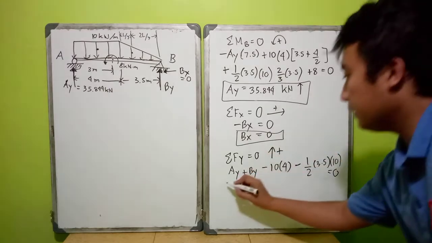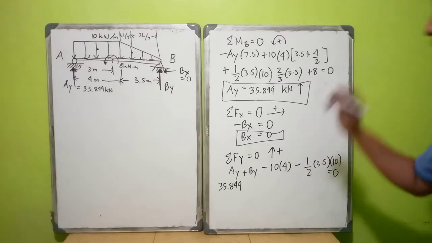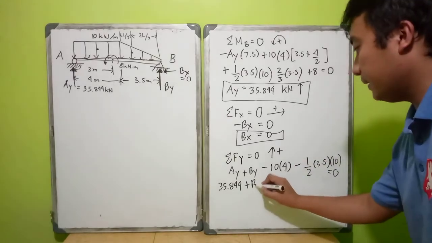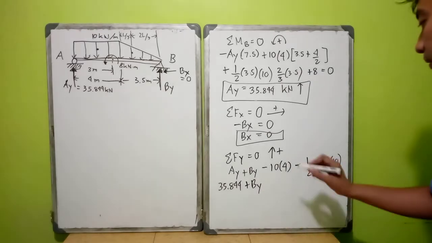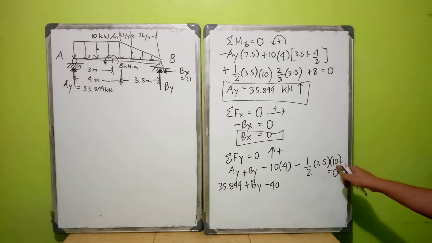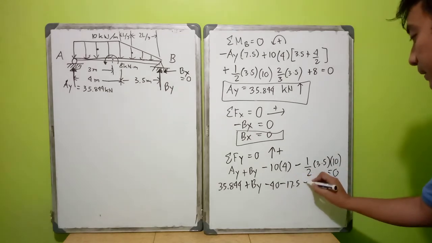We know that our AY is 35.844, and BY is what we are looking for. So negative 40, minus 1 half times 10 times 3.5, which is 17.5, is equal to 0.